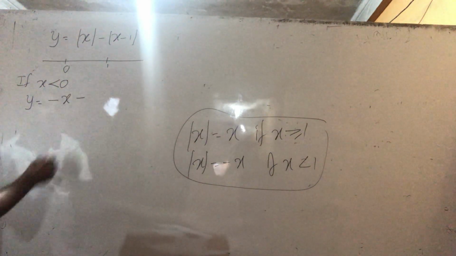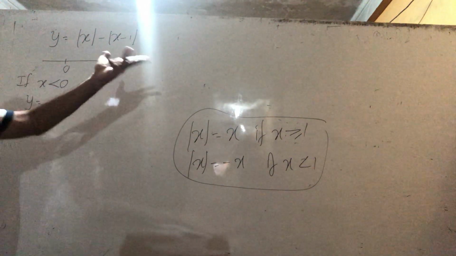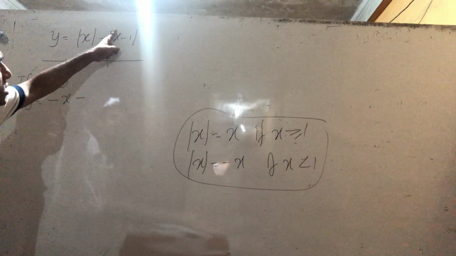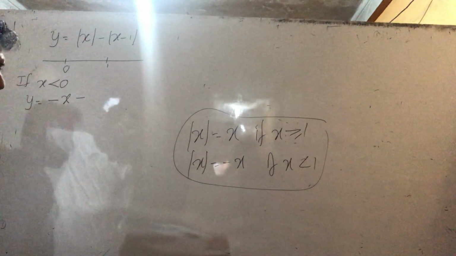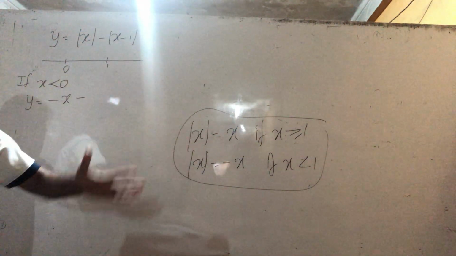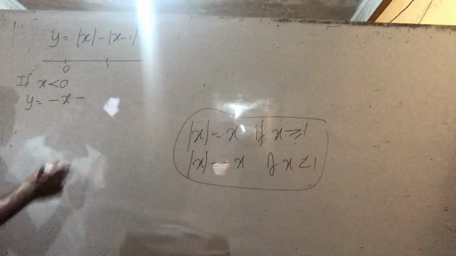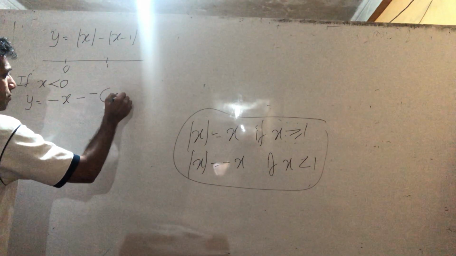And minus x less than 0. For example, put x for minus 1. Minus 1 minus 1 minus 2. Or put x for minus 5. Minus 5 minus 1 minus 6. It becomes negative answer. Therefore, we write another negative and show what is there.